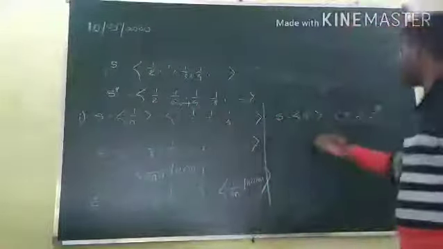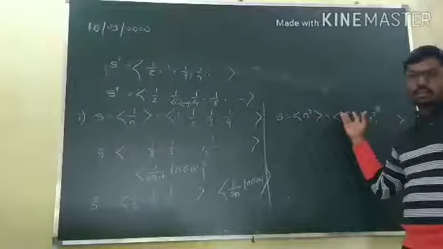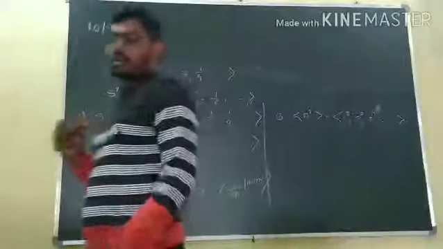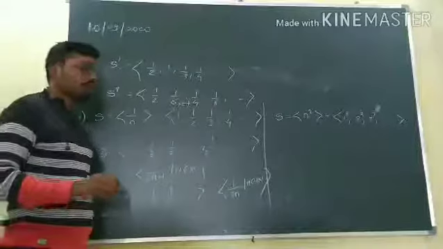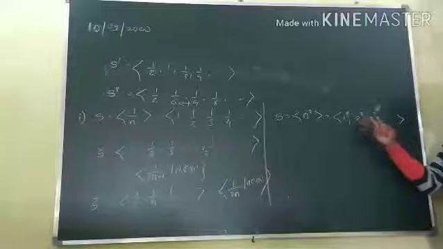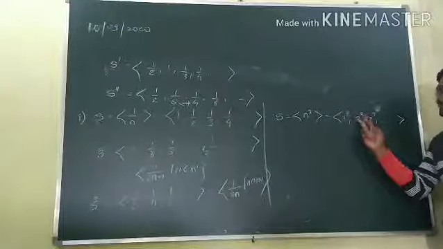Now here this is the sequence of cubes of natural numbers. To find a subsequence, what we have to do is just delete some elements and maintain the order. We get a subsequence. For example, we omit the cubes of odd numbers and only write the cubes of even numbers.